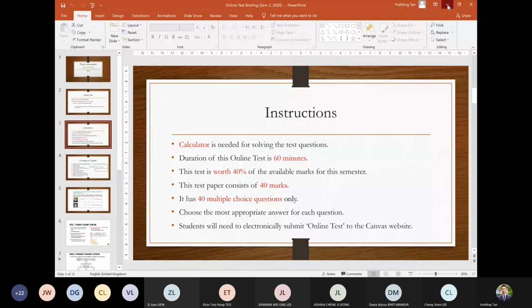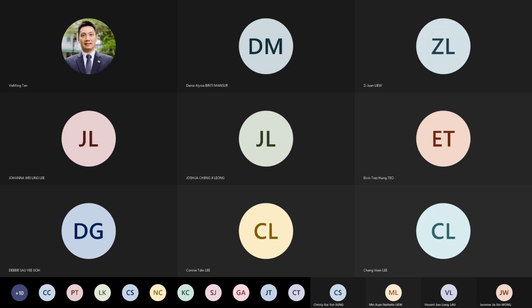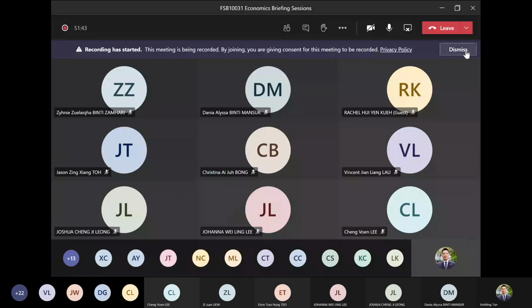Okay, I'd like to share the screen with all of you. Can you see the screen on the economics Canvas site? Can you see the screen, all of you?